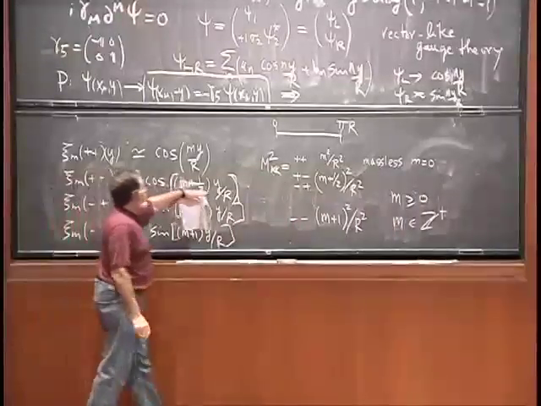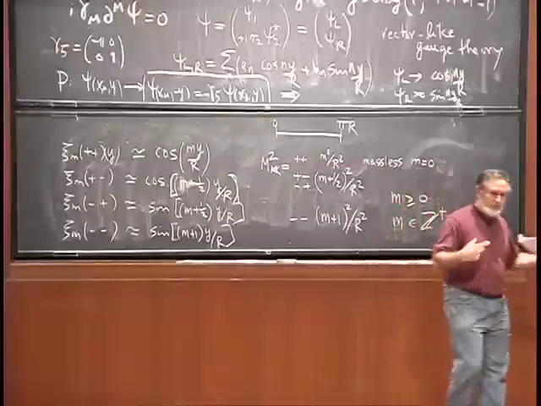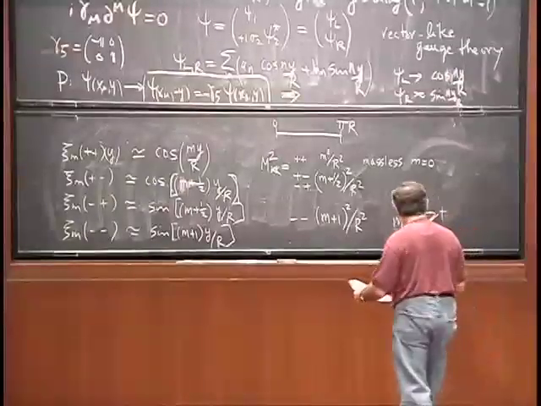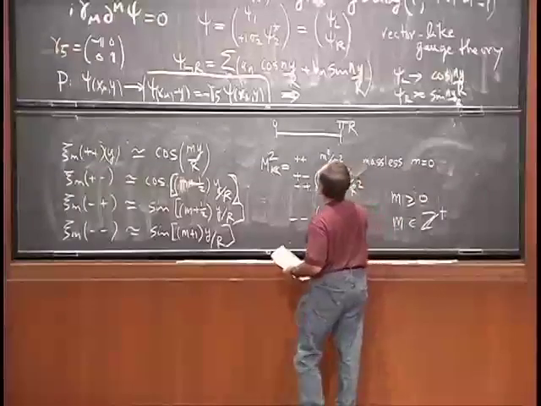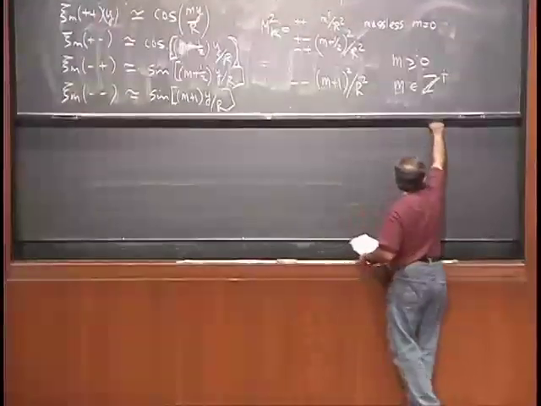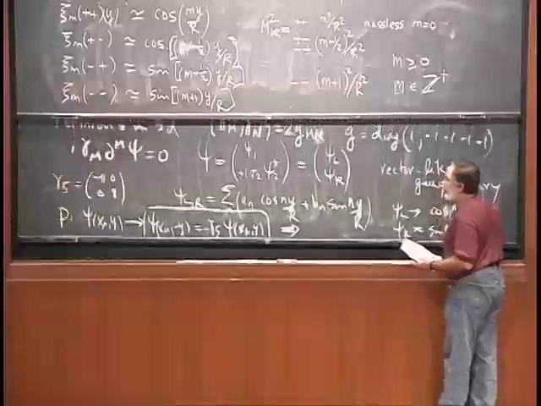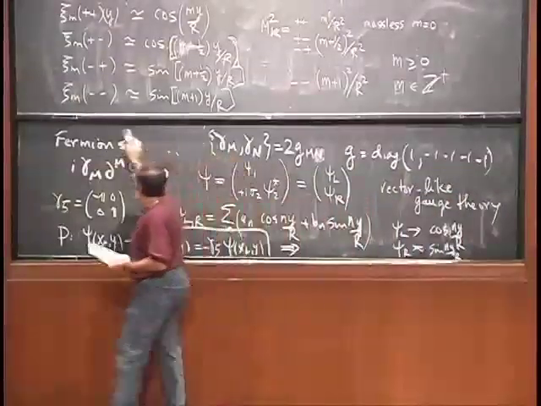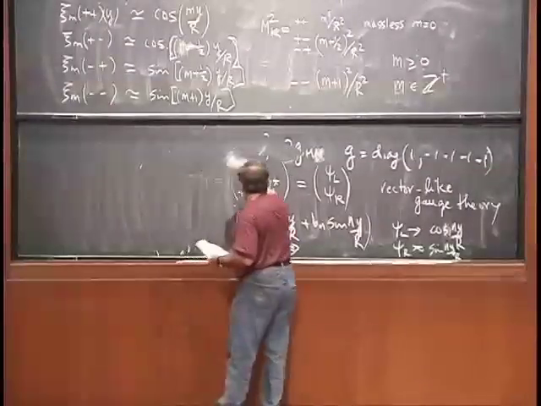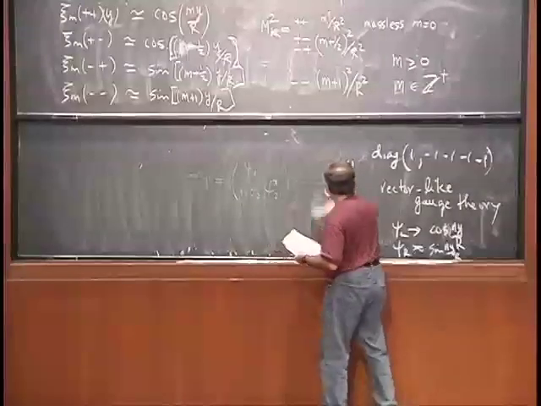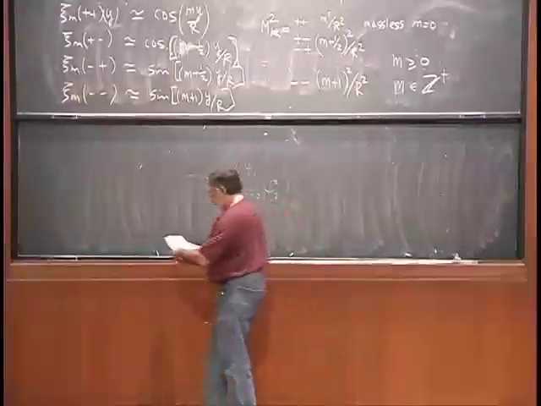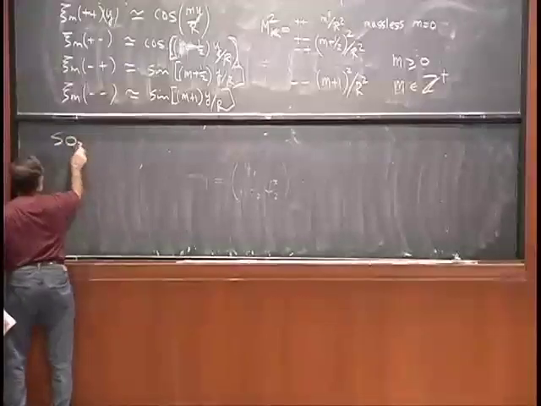Okay, so these are the Kaluza-Klein excitations of the theory, and now we want to understand how we would use this symmetry to break the gauge symmetry, how we would use these boundary conditions to break the gauge symmetry. Okay, so let's look at SO3 again.